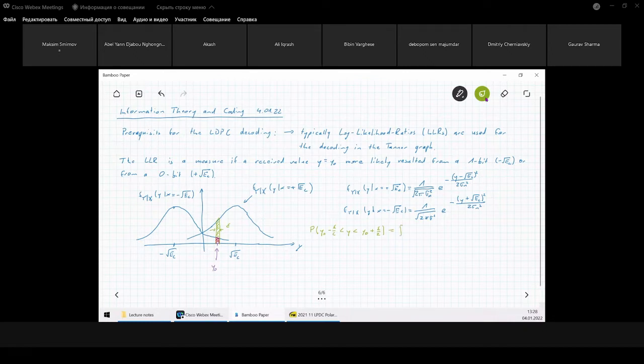So we just need to integrate over this interval epsilon our distribution here, fy given x, of y given x being plus square root EC.